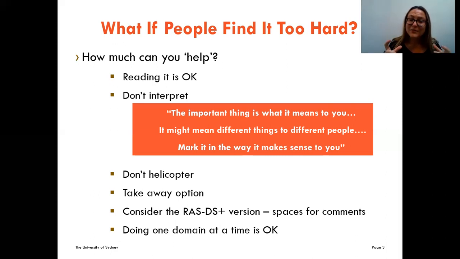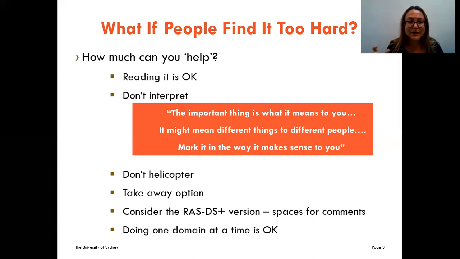I think there's something lost when it's just numbering, and people often want to articulate why am I writing like this, or what do I think about this comment, and it's lovely for them to be able to reflect back on later. It's also a really lovely way to start conversations after the person's completed the RAS-DS and you're having a conversation about what they've scored. So have a look at the RAS-DS Plus.